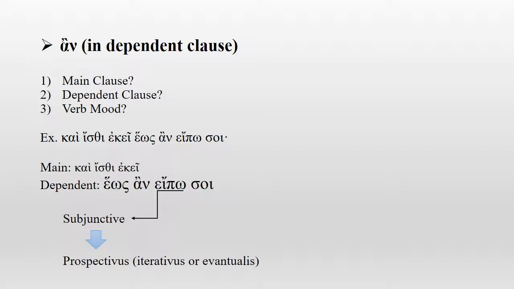Now, between iterative and eventual, which one do we need to decide here? Well, usually it depends on the main verb in the main clause. Now we have an imperative, right? It's an imperative in the sense of an order, or prohibiting, do not do something, and do something. And also there is a temporal signal word, for example in our case, eos.